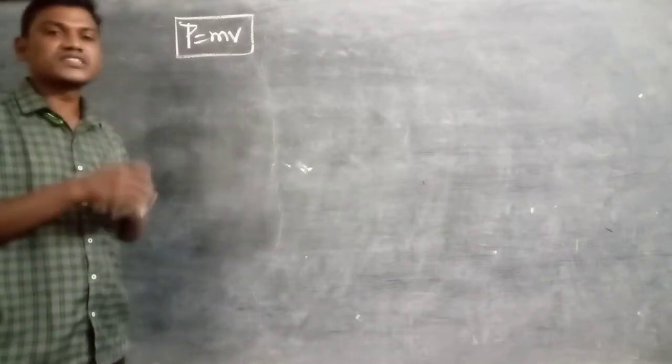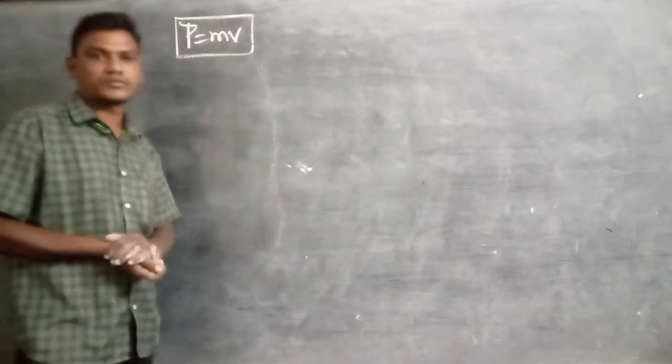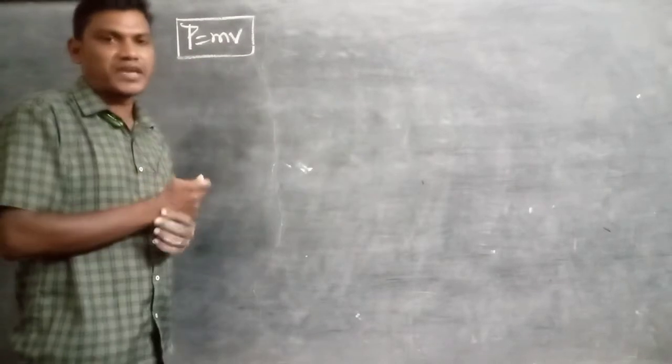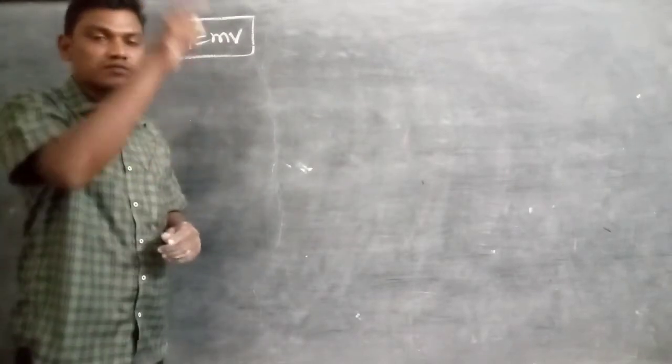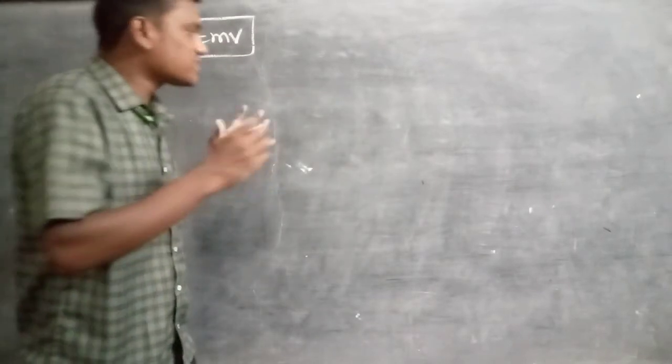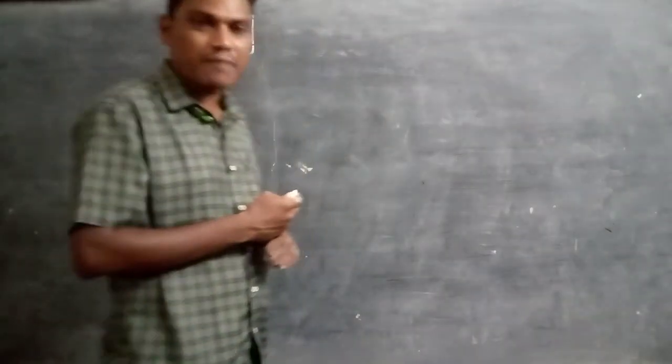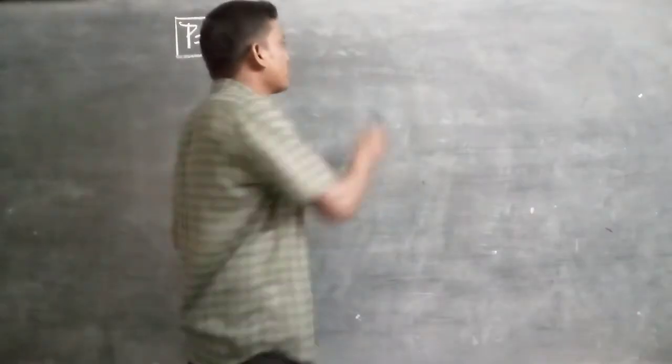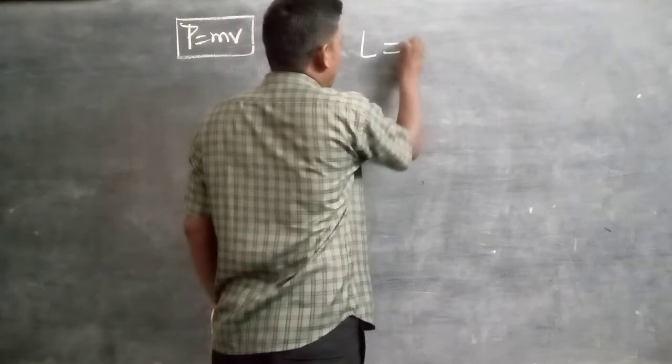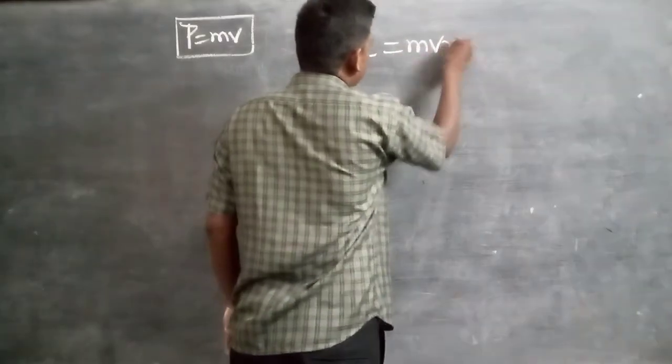If a body is in two or three dimensional motion, meaning it moves in a curved path or a circular path, then it has angular momentum, which we call mvr here.